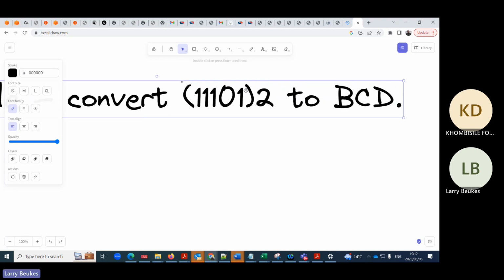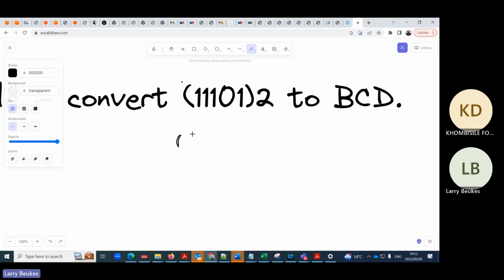Okay, great stuff. So we said we need to convert this first into decimal. We'll have 1, 1, 1, 0, 1, right? So we need to convert this into decimal. So we know this is 2 to the power 0, 2 to the power 1, 2 to the power 2, 2 to the power 3, and 2 to the power 4.